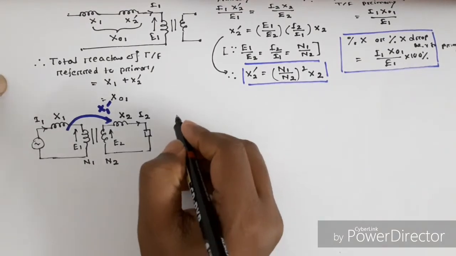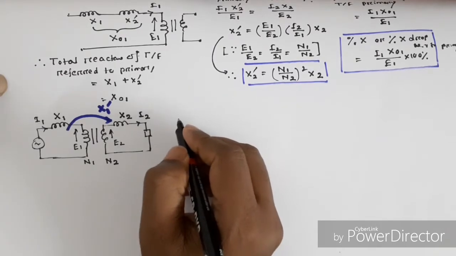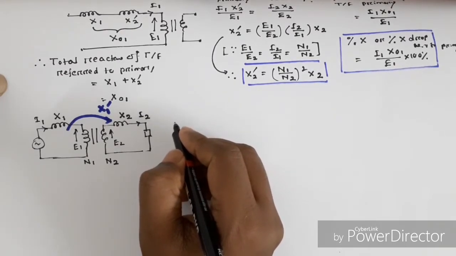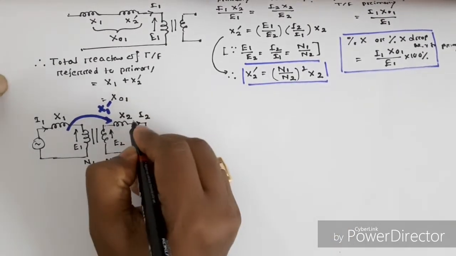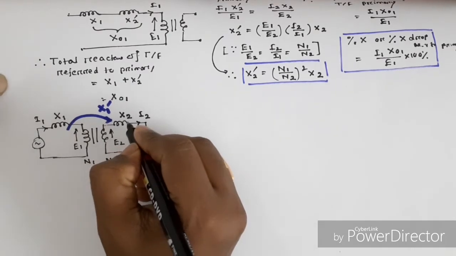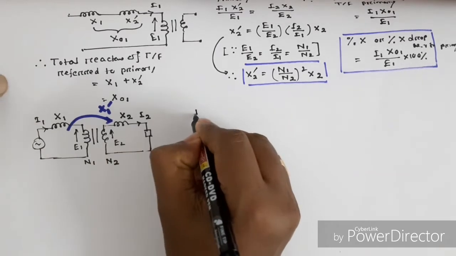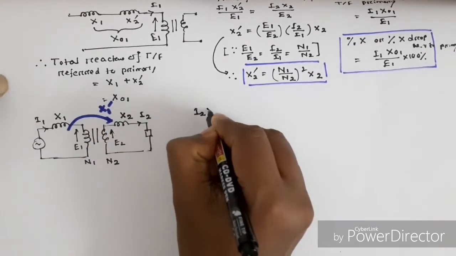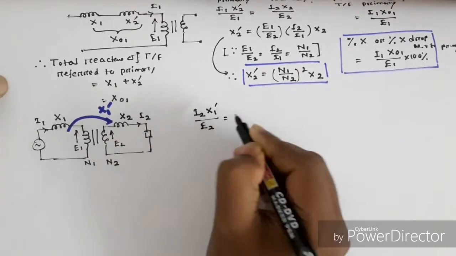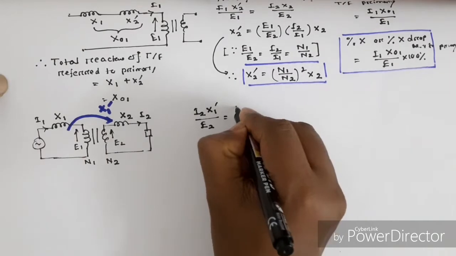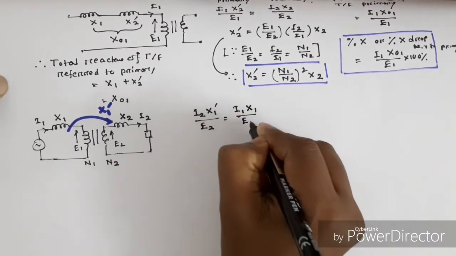Again the per unit reactance of primary is equal to per unit reactance of secondary. As we derived earlier, the secondary winding current is I2 and reactance is X1 dash divided by E2, equal to the primary winding current I1, reactance X1 and induced EMF E1.